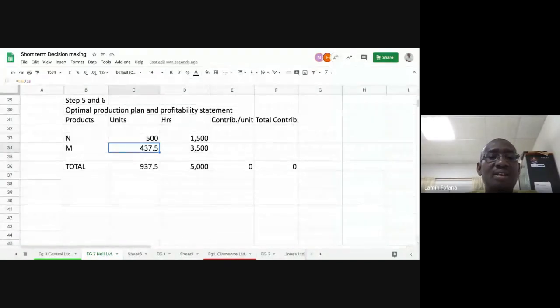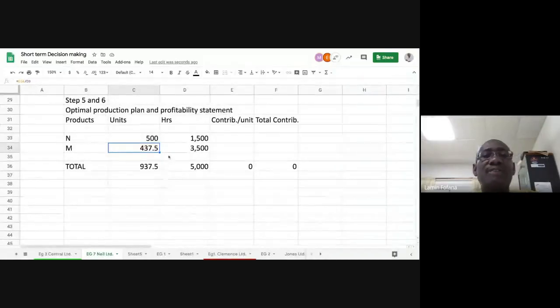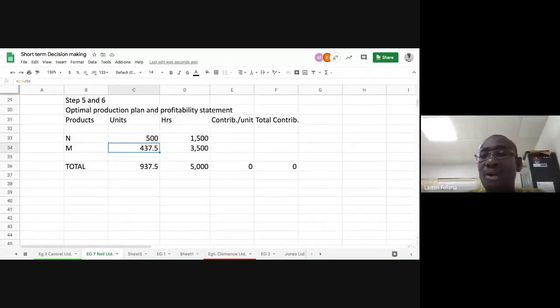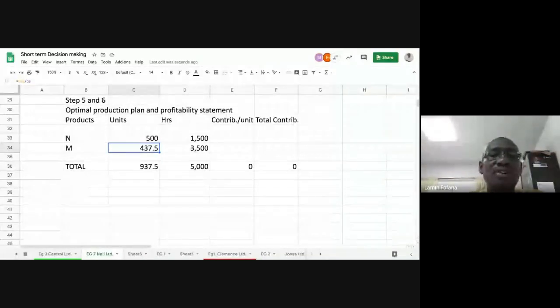Is that clear? But this 437.5, we cannot round it up. We can only round it down, because you cannot have 0.5 of a product. If you round it up, where are you getting the extra one? So this 437.5, we'll round down to 437.